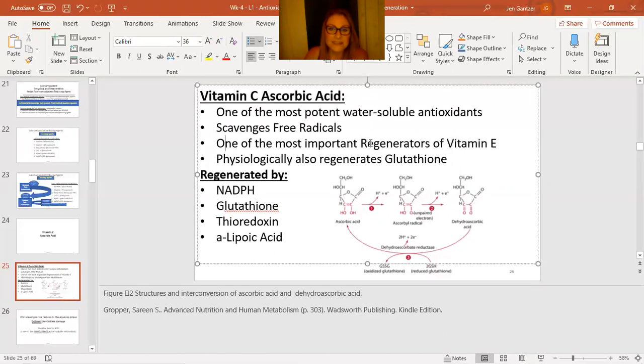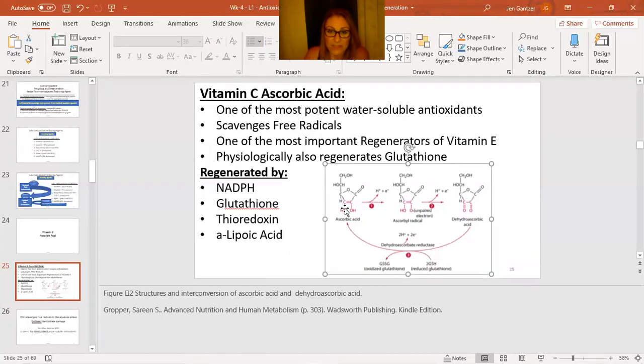So vitamin C, I want you to definitely keep in mind that it's the number one antioxidant that keeps vitamin E regenerated. Secondarily, as you can see in this reaction here, vitamin C is helping donate the hydrogen atom and also recycling the glutathione.